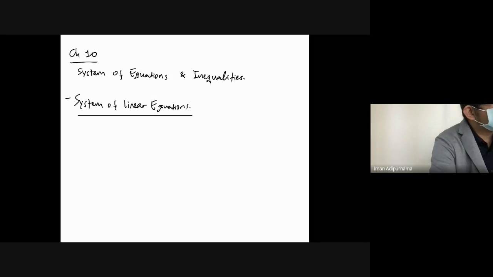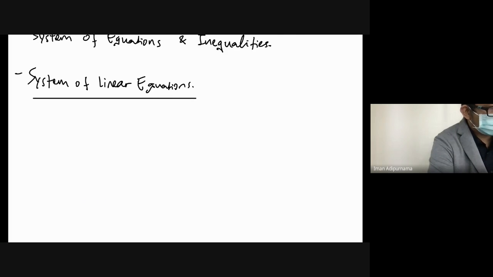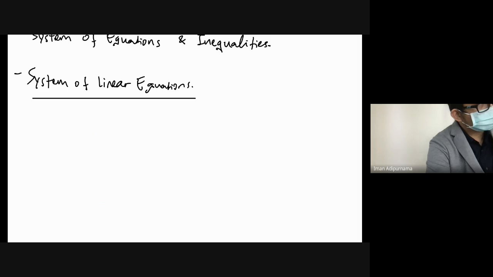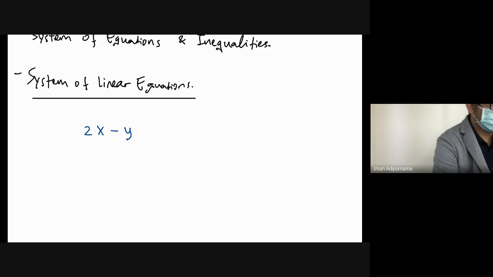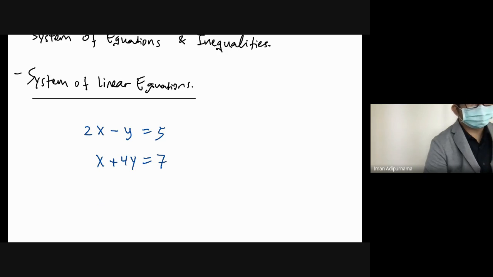Linear equations are something very basic that you may have learned previously in junior high school. For example, you need to solve this: x minus y equals 5, and x plus 4y equals 7.